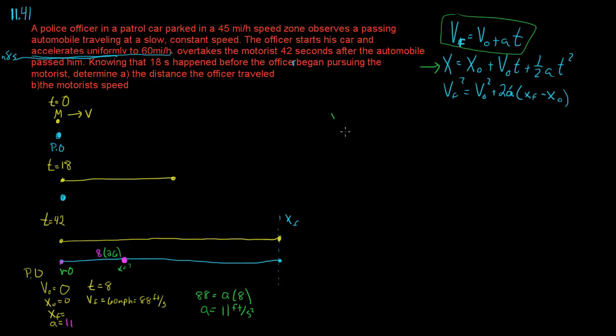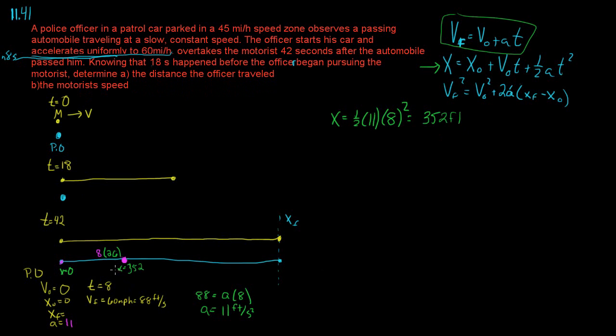So we have a final position equal to our initial position 0, plus an initial velocity, which is 0, plus 1/2 times our acceleration, which is 11, times the 8 seconds squared. Let me do this out real quick, and this becomes 352 feet.